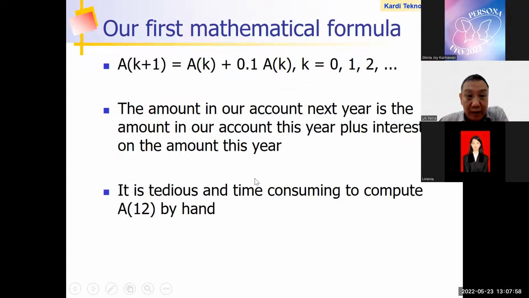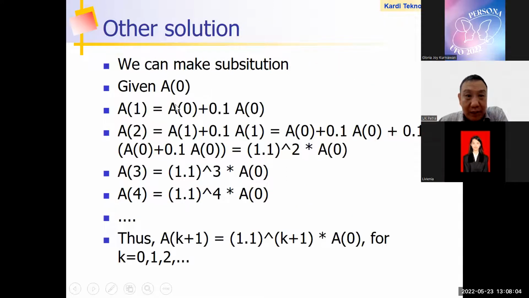At that time, we tried to do it more generally using the same substitution. You see we are given A0, and we know that A1 is equal to A0 plus a certain interest, say 10%, multiplied by the principal.